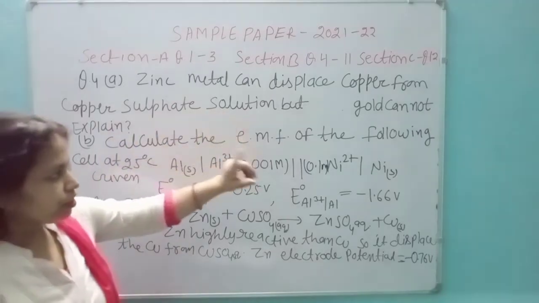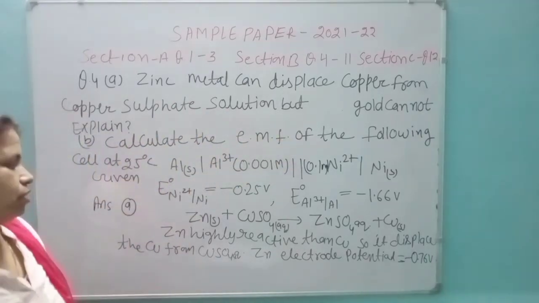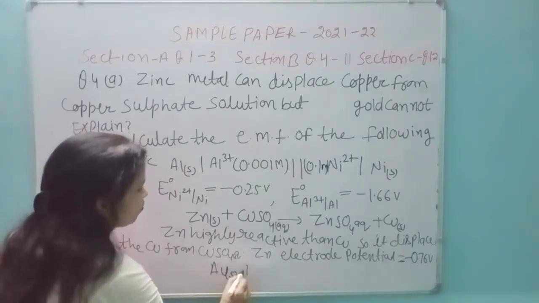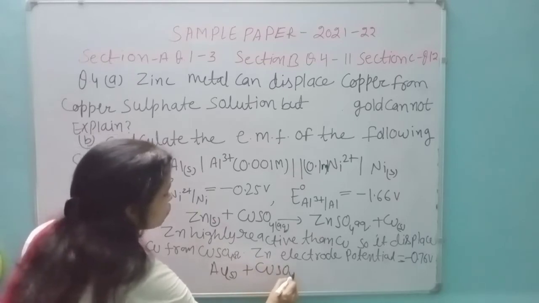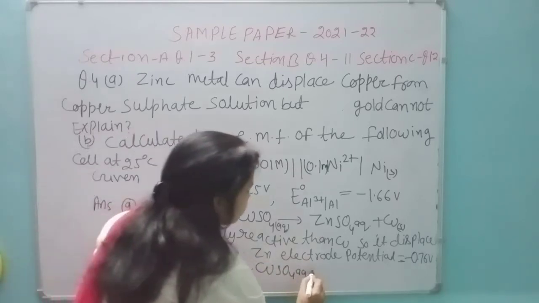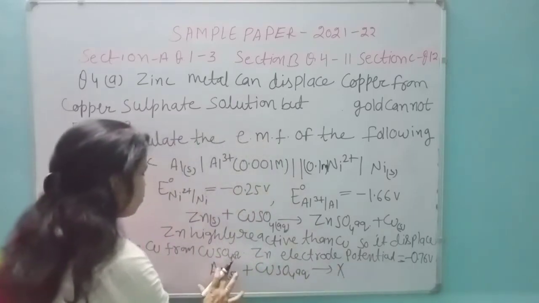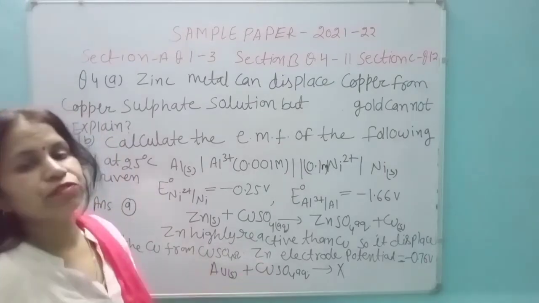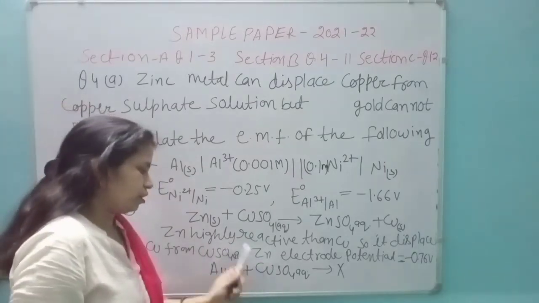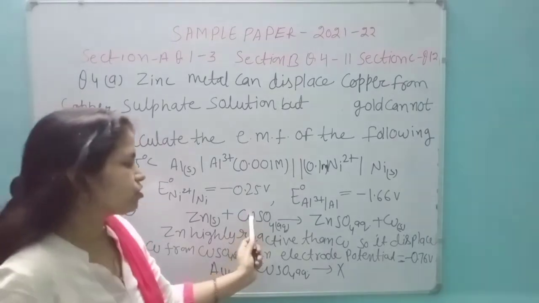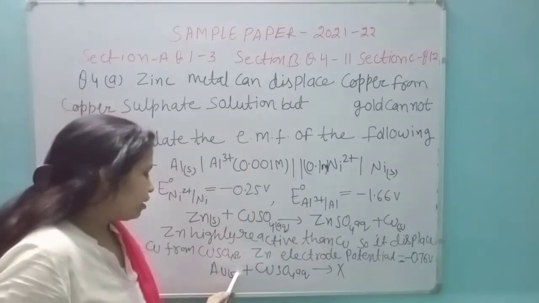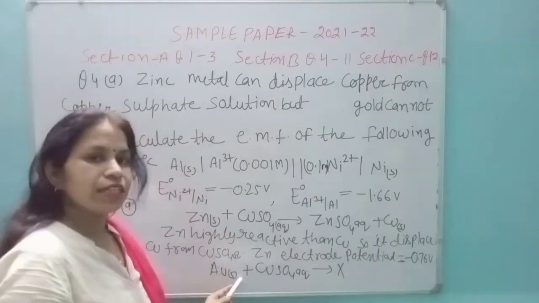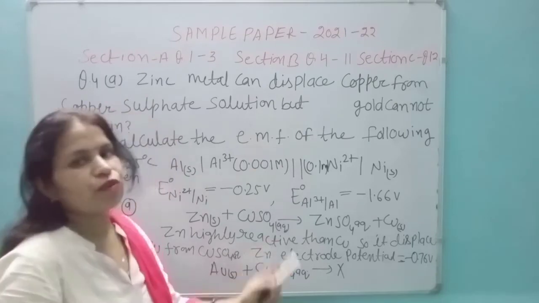Now gold. Gold cannot displace. When we write the reaction of Au solid plus copper sulphate solution, there is no reaction. Au is less reactive than copper. Here zinc is below the copper and Au is above the copper, so Au is less reactive and can't displace the copper.